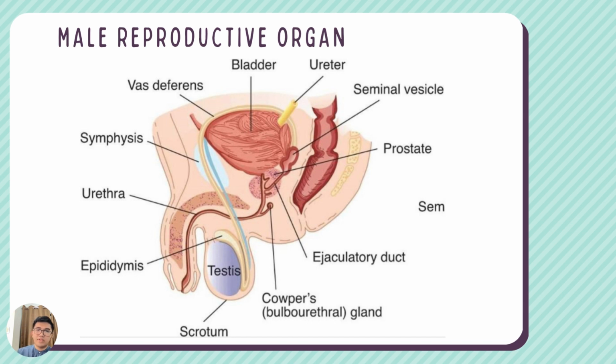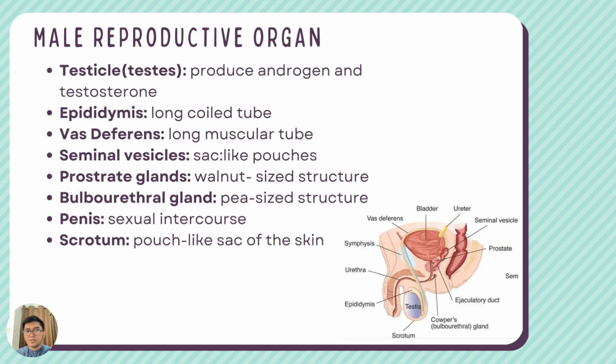We have the reproductive organs of the male. As you can see, we have the testes, epididymis, urethra, bladder. Testicles or testes produce the androgen testosterone.